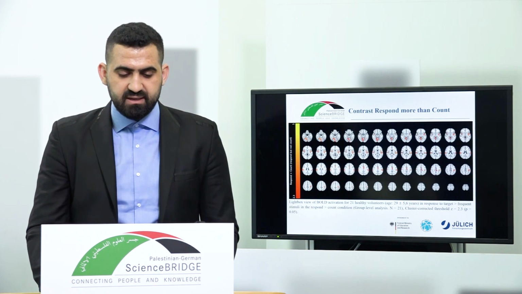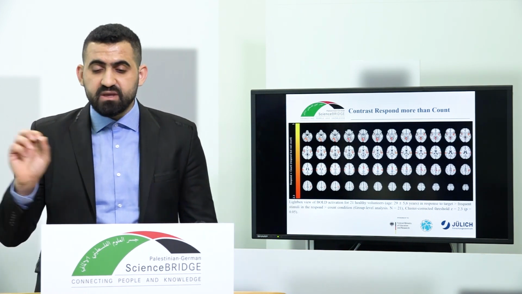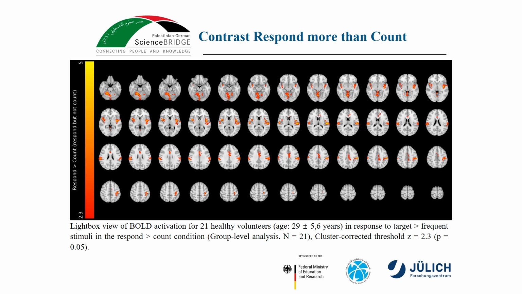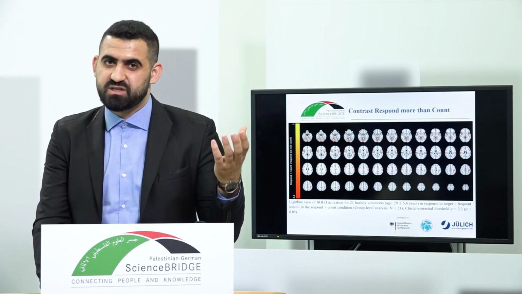Here I'm showing the result for the contrast respond more than count, which means the brain regions that were activated in the respond condition but not in count. But the question here is, how to define these regions?